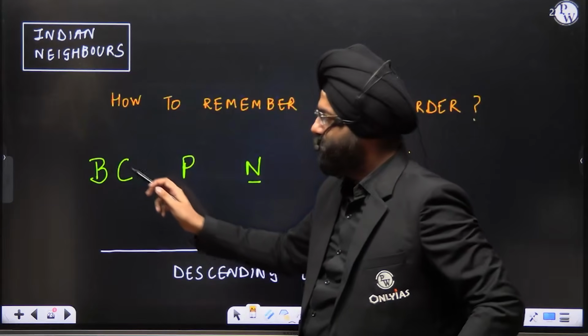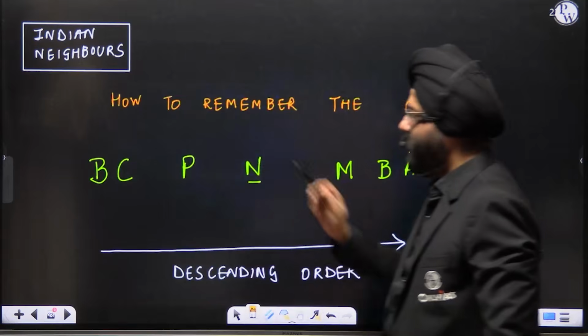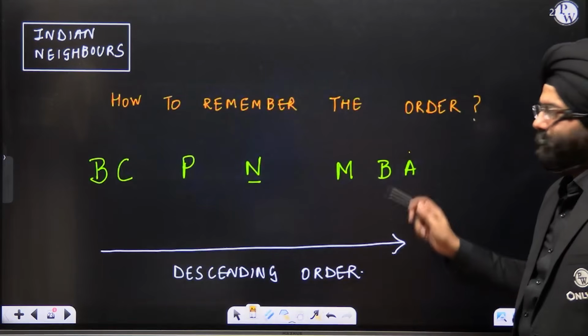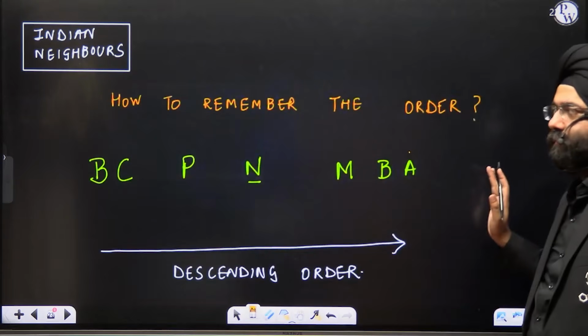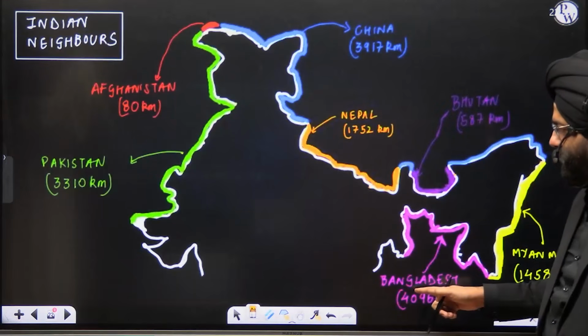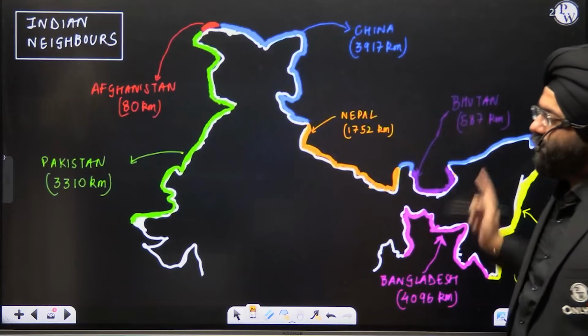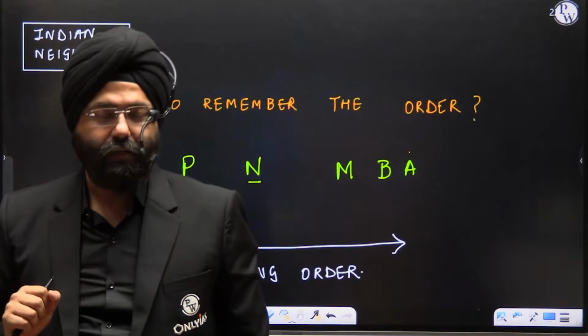Bangladesh, China, Pakistan, Nepal, Myanmar, Bhutan, Afghanistan, in descending order. You have already seen this, Bangladesh, see over here. All the numbers are mentioned, the kilometers. If you see this, you will be able to remember it very well. Clear?